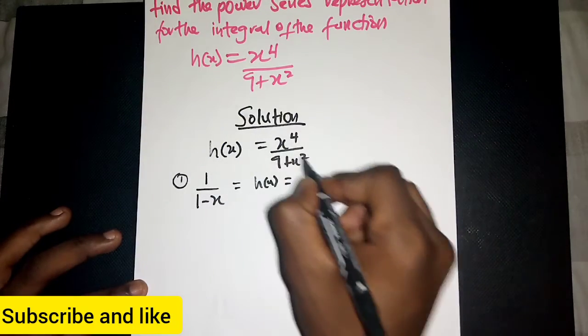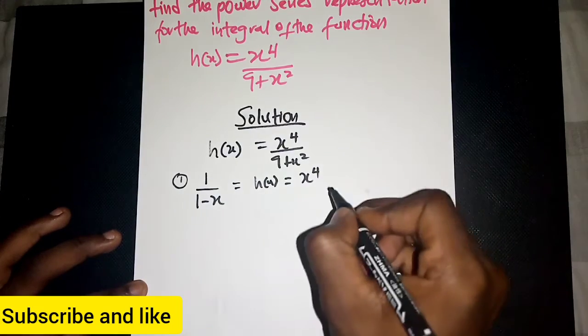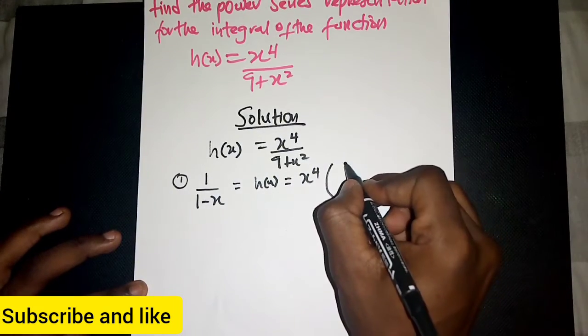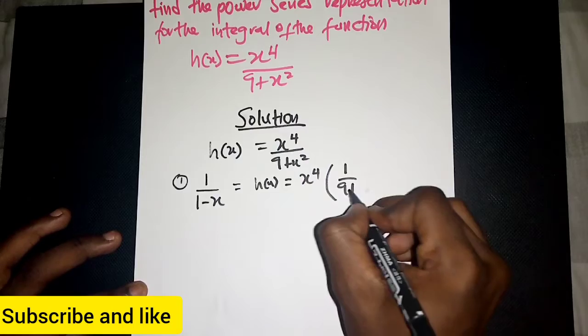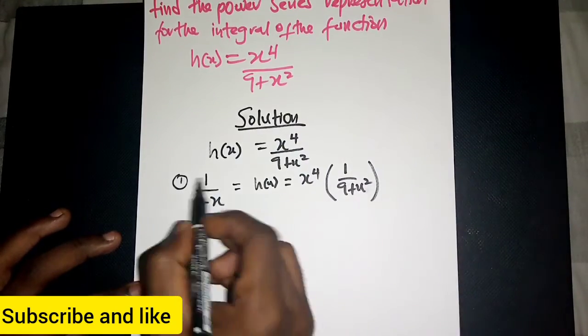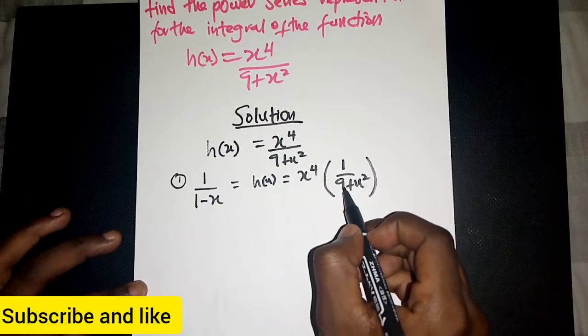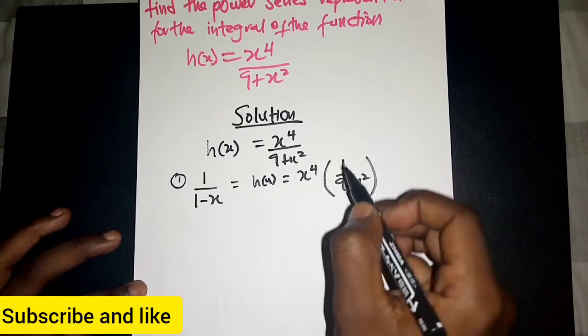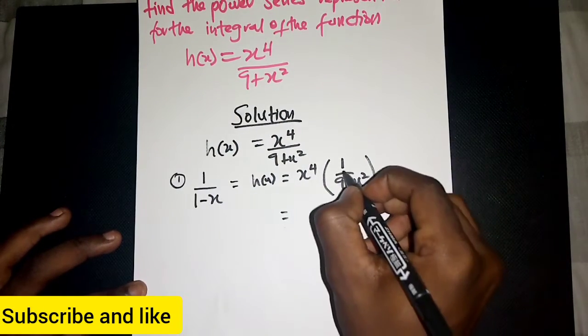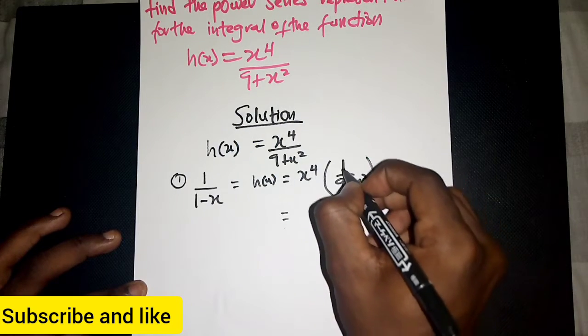Now over here, I'll factorize s to the power 4 out, so that I can have 1 over 9 plus s squared. We still haven't represented it in this form because we have 9 over here and it has to be 1. So what we are going to do next is divide all by 9.